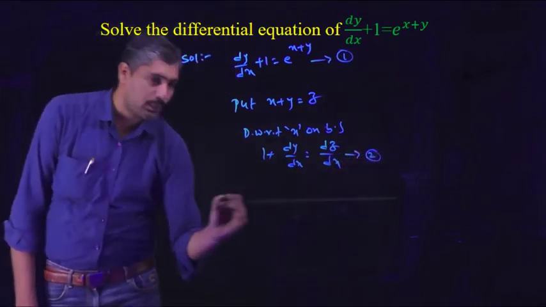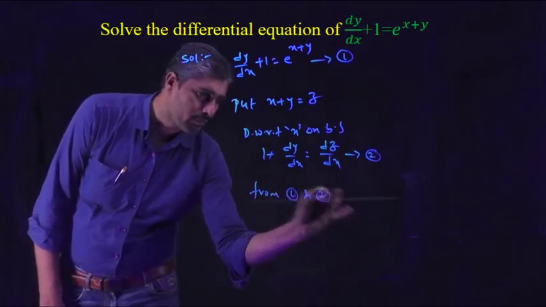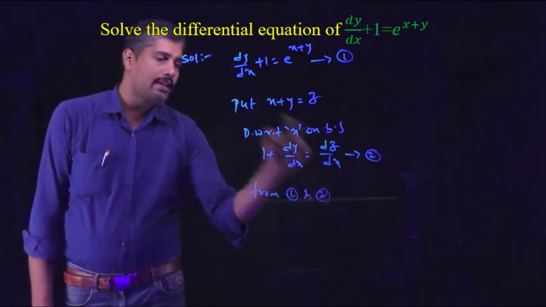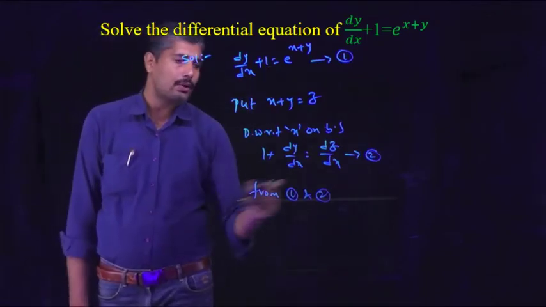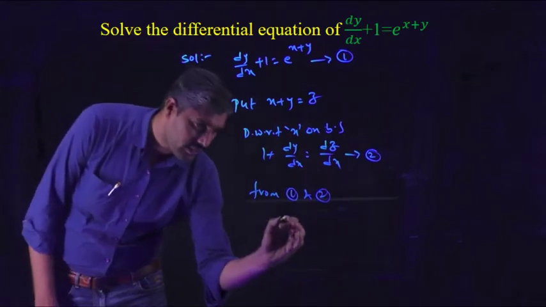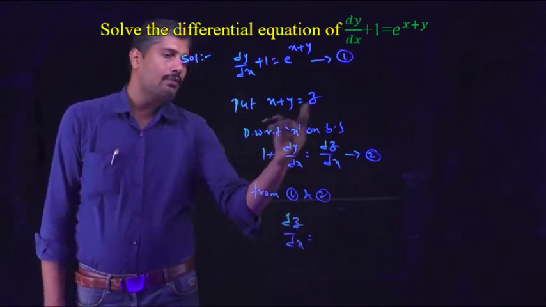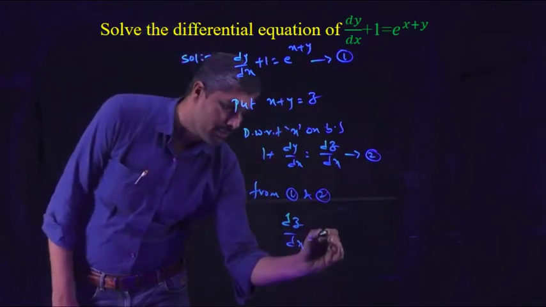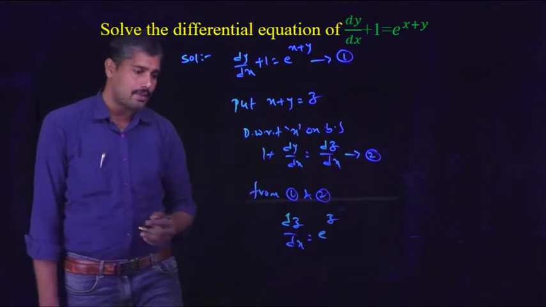From 1 and 2, here 1 plus dy by dx equal to dz by dx. Substitute. Then dz by dx equal to, we take x plus y equal to z, that equal to e power z. Then separating x terms and z terms.